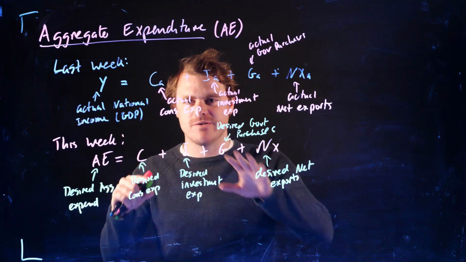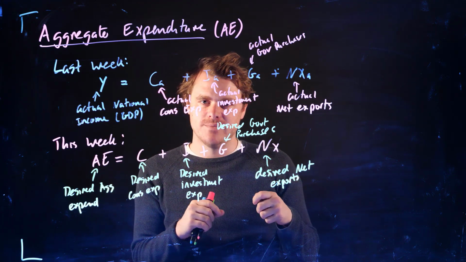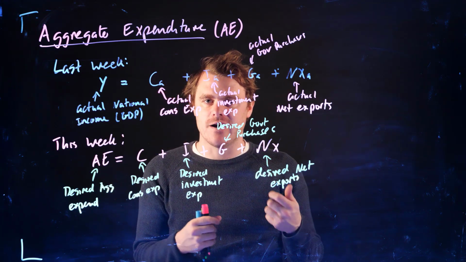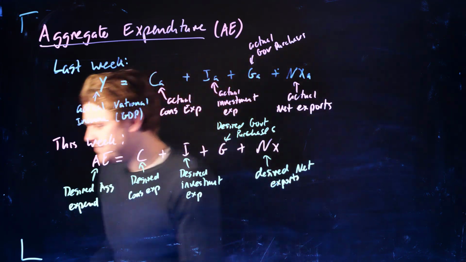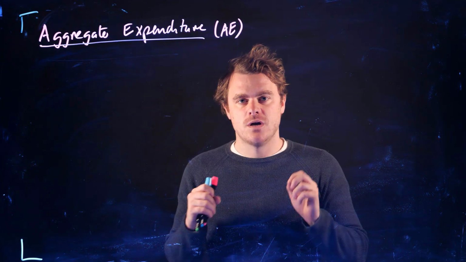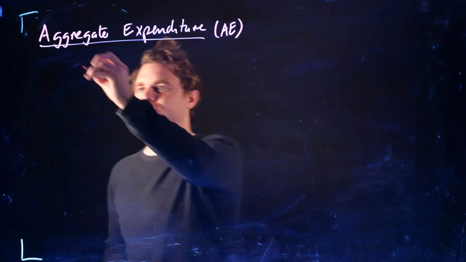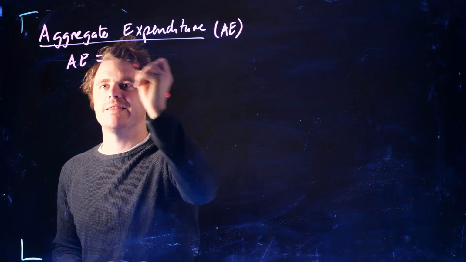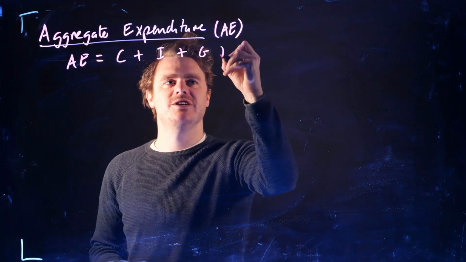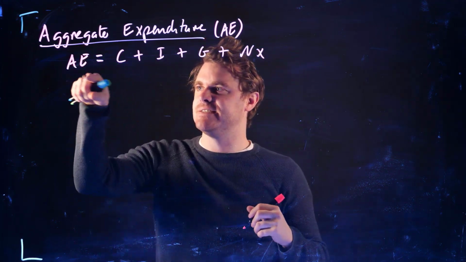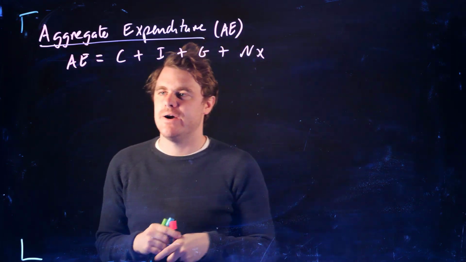Okay, let's quickly erase this and talk about two different kinds of desired aggregate expenditure: autonomous and induced. Let's rewrite that equation. Aggregate expenditure equals C plus I plus G plus NX. Again, this is the desired level, this theoretical amount.